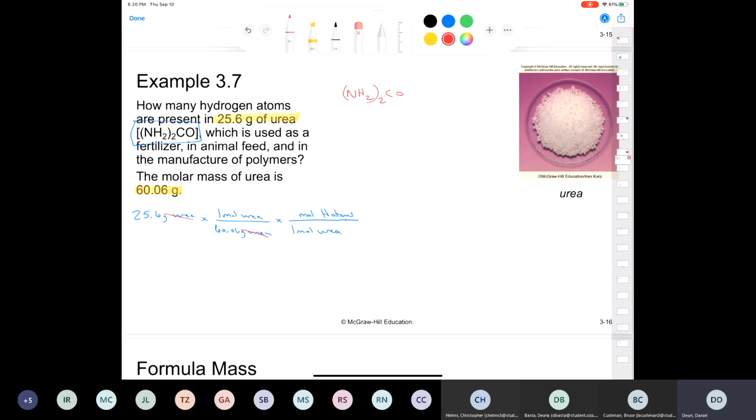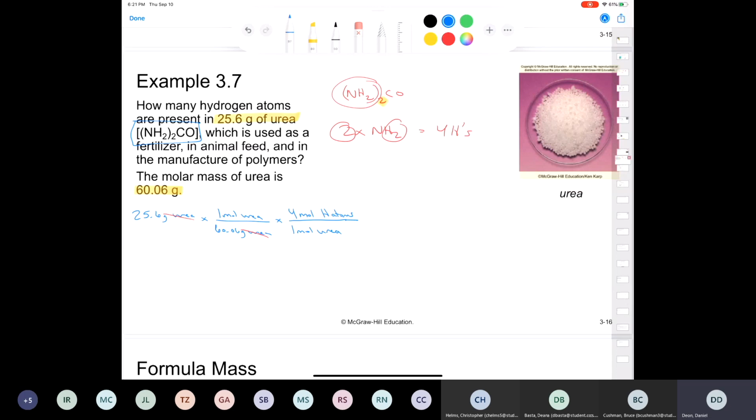Yes. Bruce says 4. He's absolutely correct, right? Because if I have a subscript 2 here, that's the same thing as saying I have 2 NH2. So if I have 2 times NH2, that means I have H2 times 2, which means I have a total of 4 H's. So that means that in 1 mole of urea, I have 4 moles of hydrogen atoms.